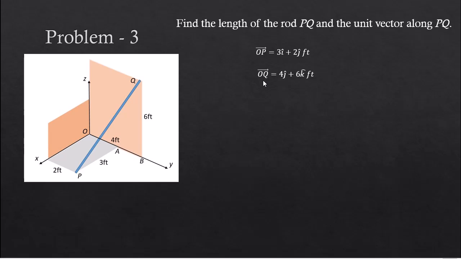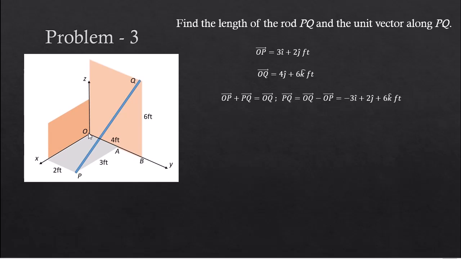Now we find the vector OQ. To find vector OQ, you have to walk from O to Q. For that, you will have to walk 4 feet along the y-axis and 6 feet along the z-axis. So the vector OQ is 4j plus 6k.